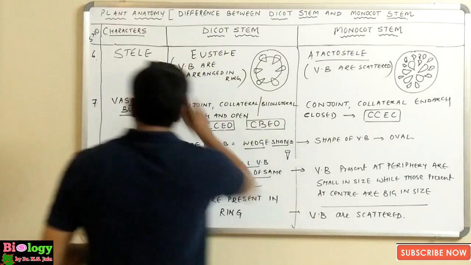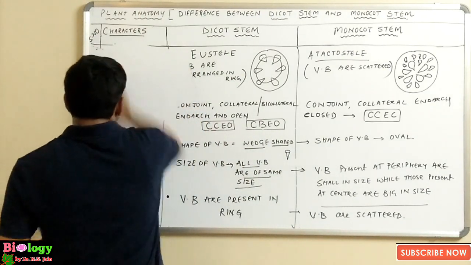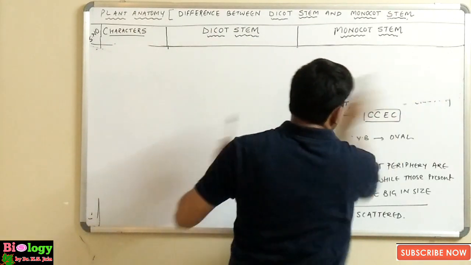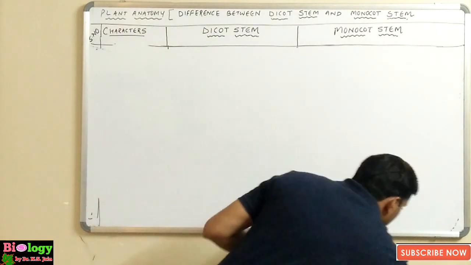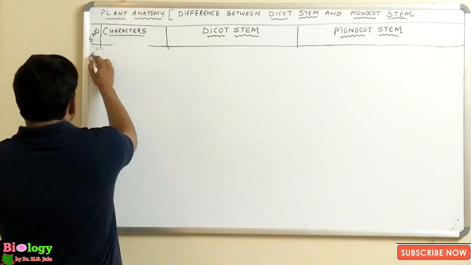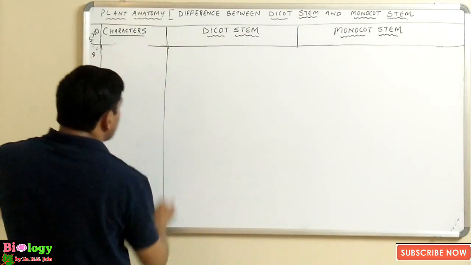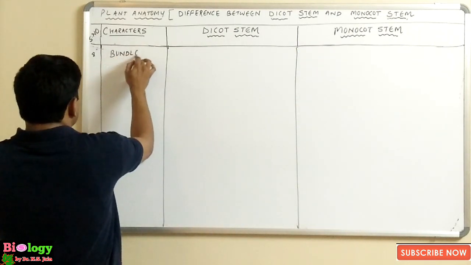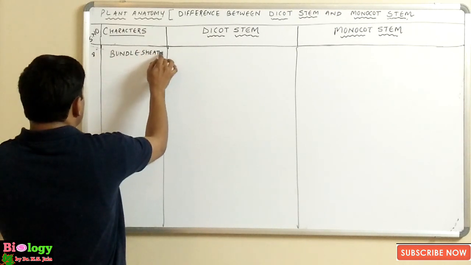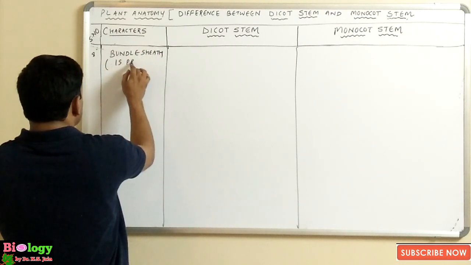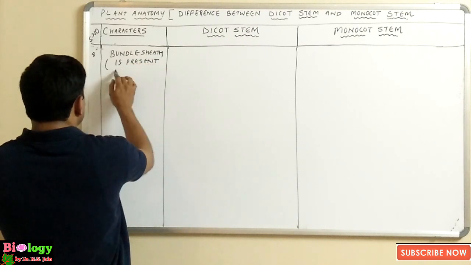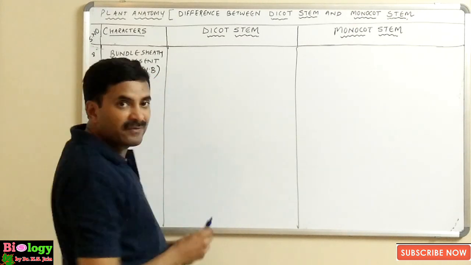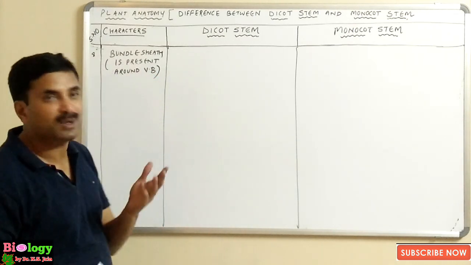Okay, now coming to the next one, the 8th point, that is bundle sheath. You must know that bundle sheath is present around the vascular bundle, but it's not necessary that bundle sheath is present in all the vascular bundles.